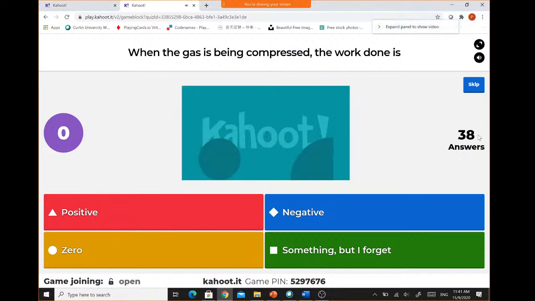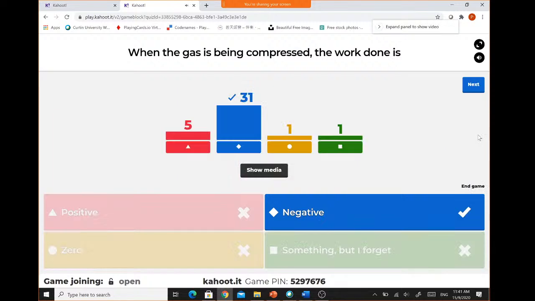Yes, it is negative. When the gas is being compressed, it means the surroundings are doing work on the gas. So it's negative value.